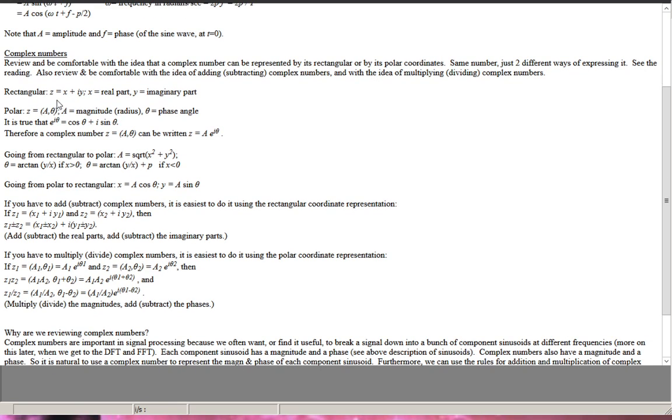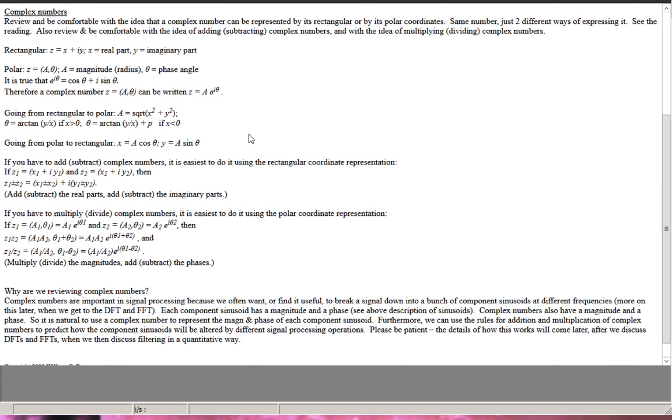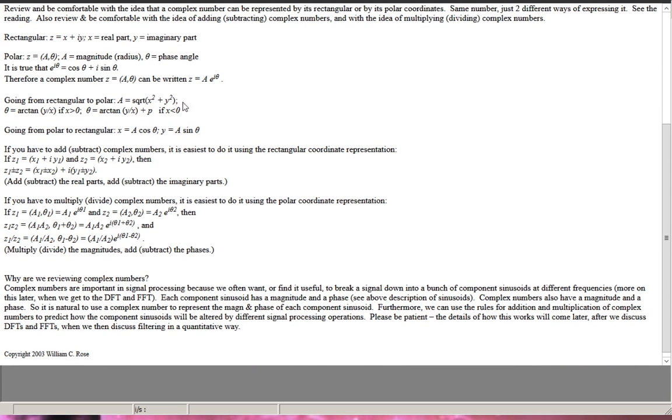Rectangular, z equals x plus iy, x is real, y is imaginary. Polar, z, a and an angle, phase angle. If a equals the square root of x squared plus y squared, then phi equals arctangent y over x if x is greater than 0.